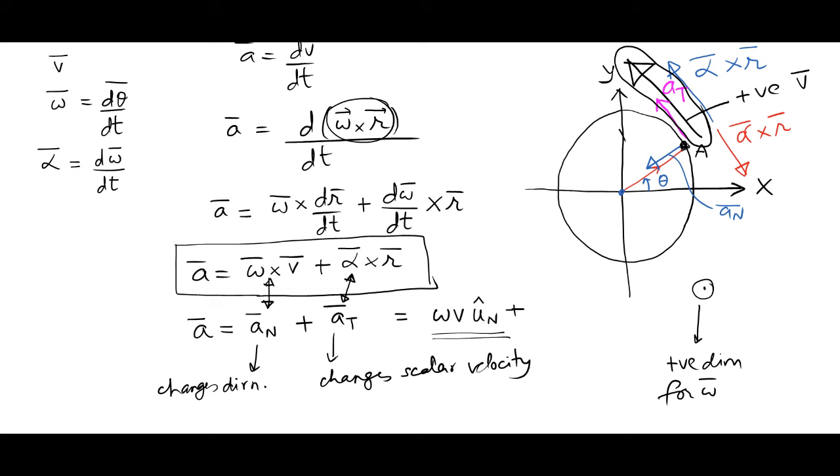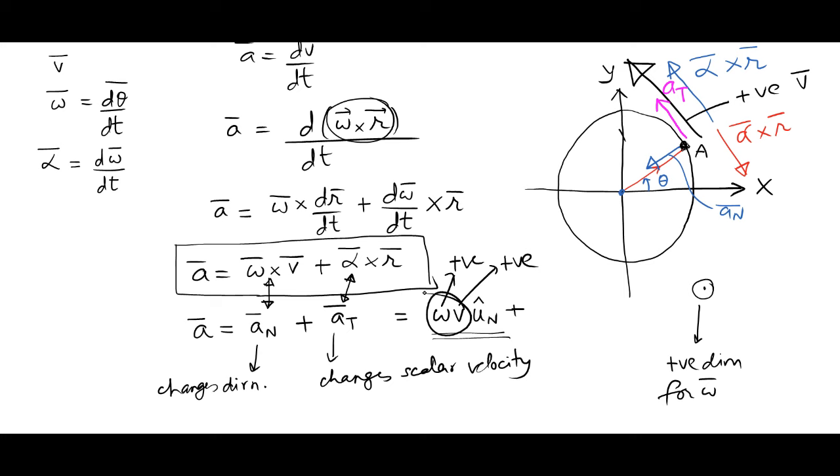So what it means essentially is that if you choose omega and V to be scalar, angular and linear velocities in this direction and in this direction respectively, then you got a positive number over here, multiplied by another positive number over here, and this turns out to be eventually mod of omega bar into mod of V bar itself. So that's what I was trying to say.